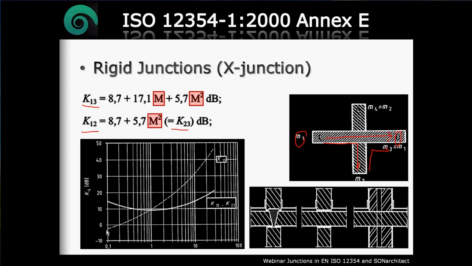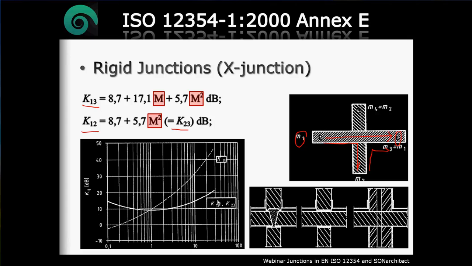And as we increase the difference between the masses and increase the ratio between the masses, we have an increase in the vibration reduction index. For the case of the K12, it's not that much. We have something that is more or less steady depending on the ratio of masses.